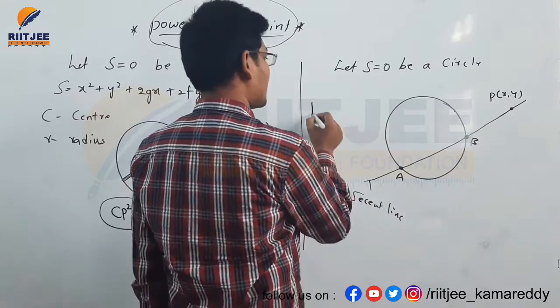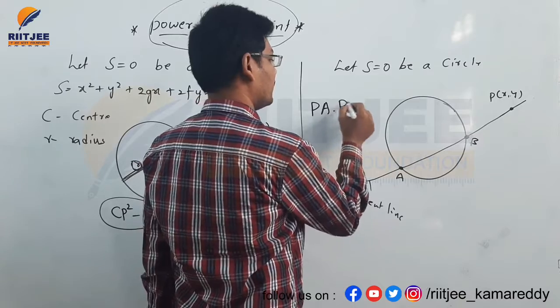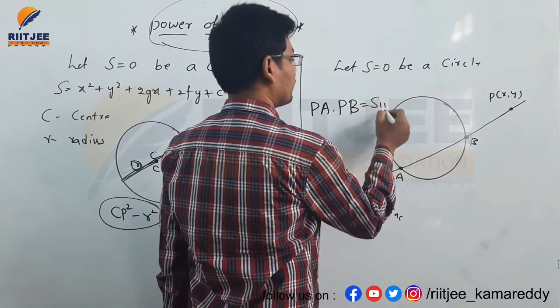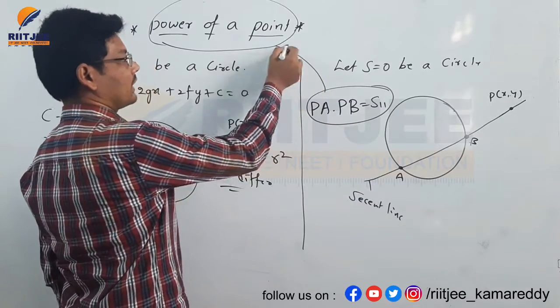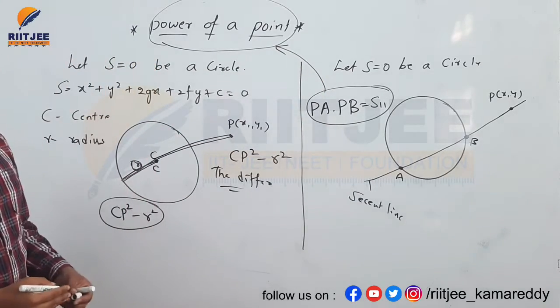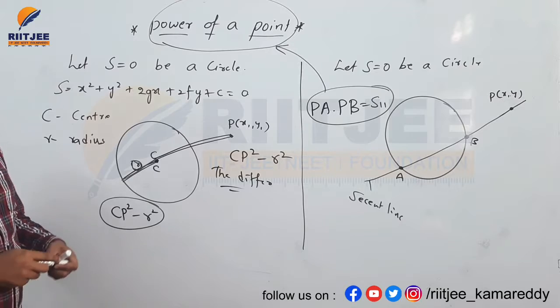Then PA × PB is equal to S11, which is also called the power of a point. Here the definition of power of a point is of two types.